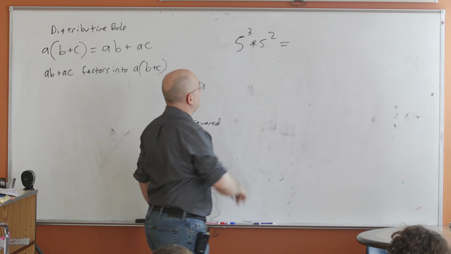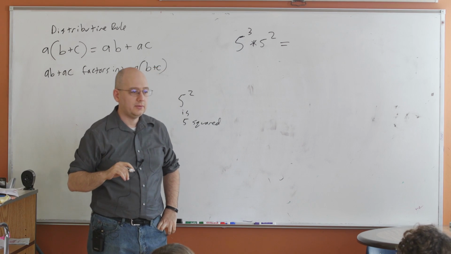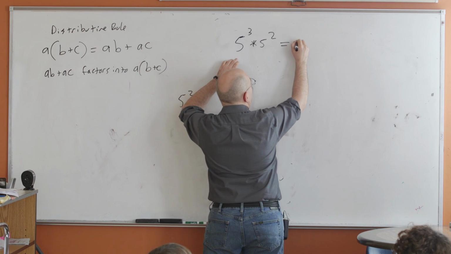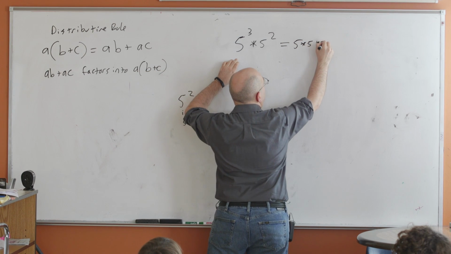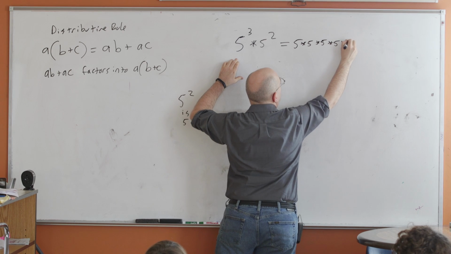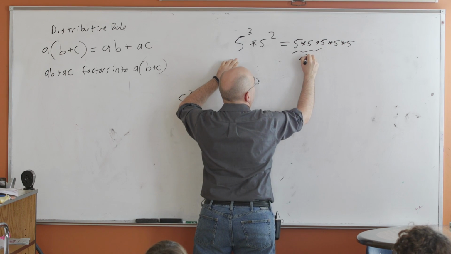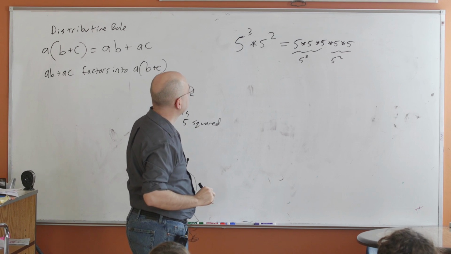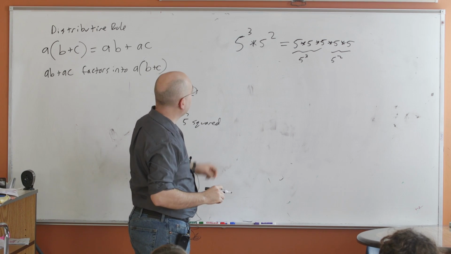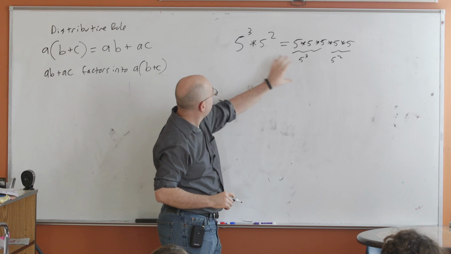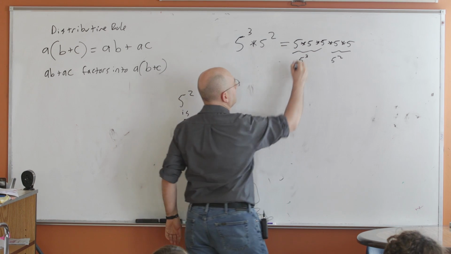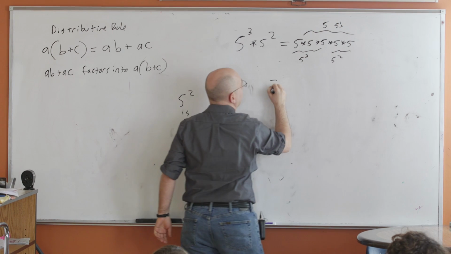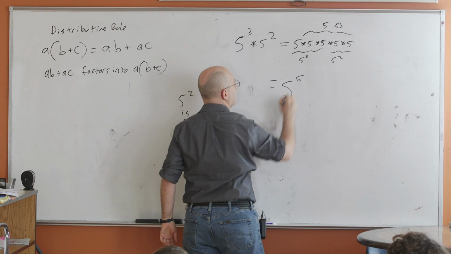Well, how many 5s in total am I multiplying together here? Amber? Yeah. So if you write it all out, this is 5 to the 3, and over here is 5 squared. That's literally what I'm doing here, and there's 5 5s, and so it's 5 to the 5.